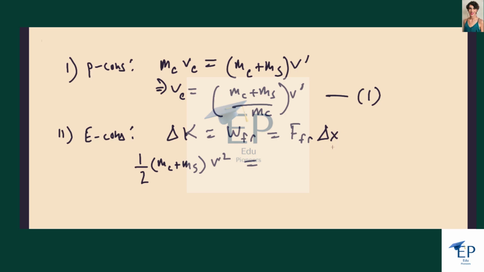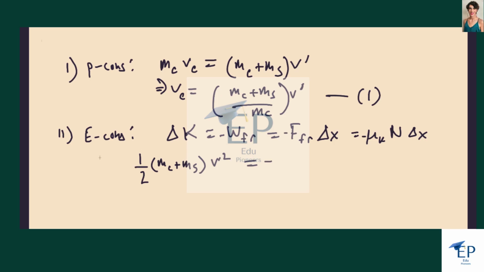Delta x is what we're calling the distance. The force of friction is mu k, the coefficient of kinetic friction, times the normal force n, which is equal to mg, the weight in this case. This would be negative, by the way.